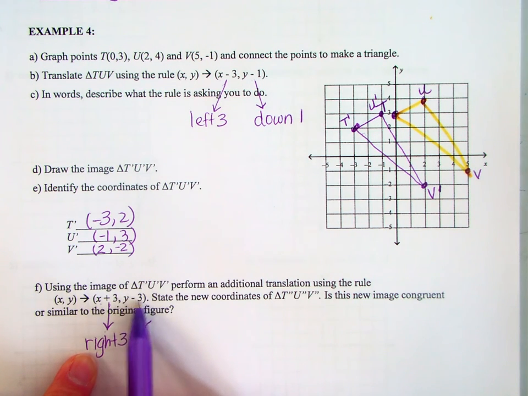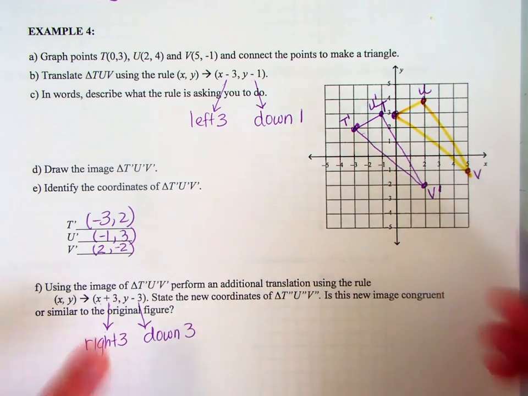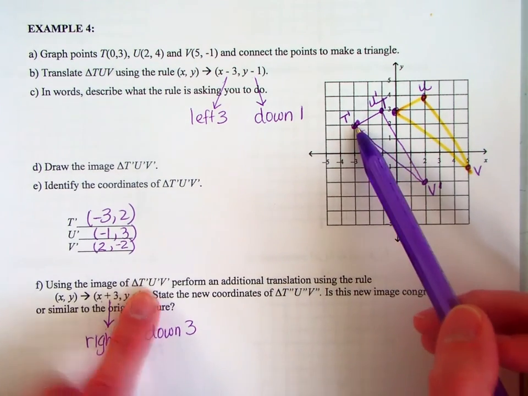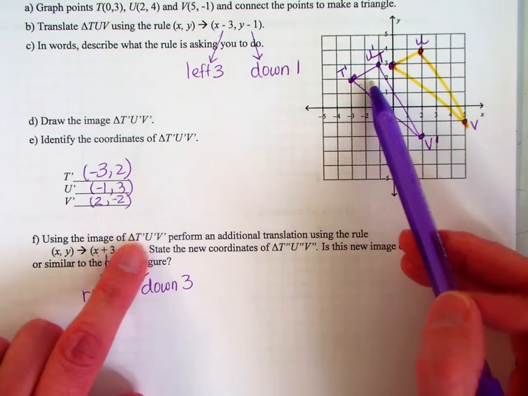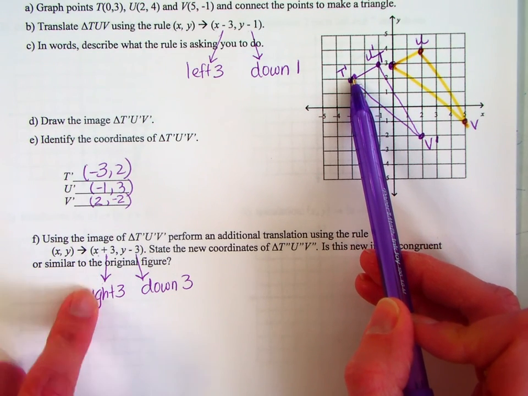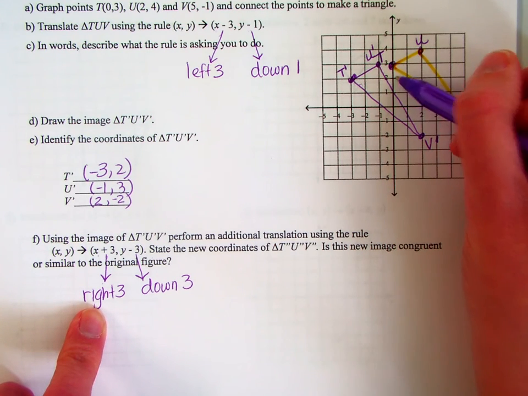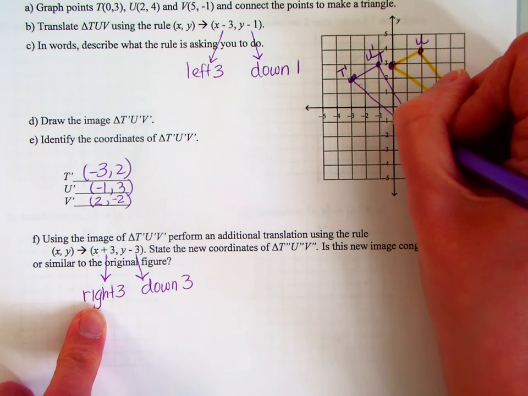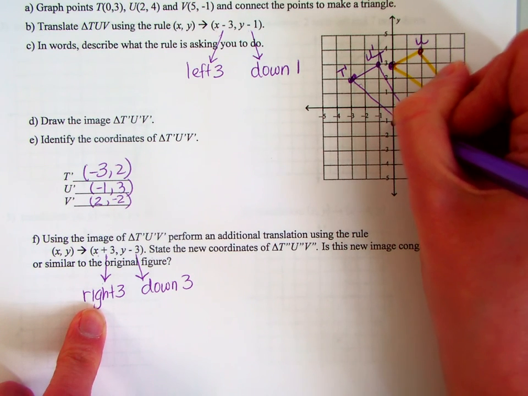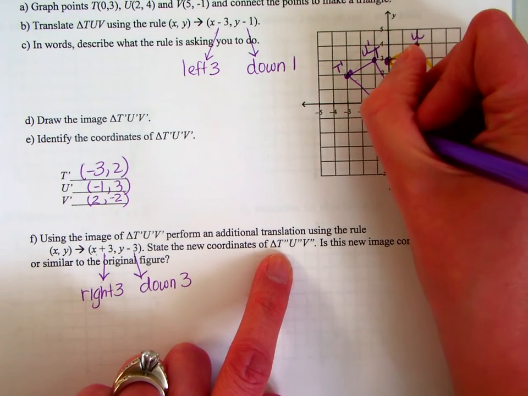Okay, so it's using this one. So for taking T prime, I'm going to go right 3 and then down 3. And then to label it, this is going to become my T double prime. It's kind of like my second movement here.